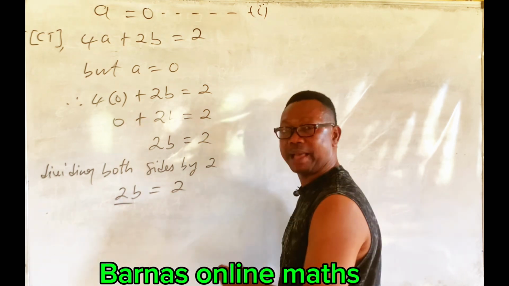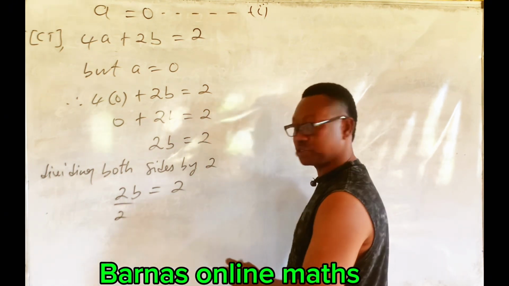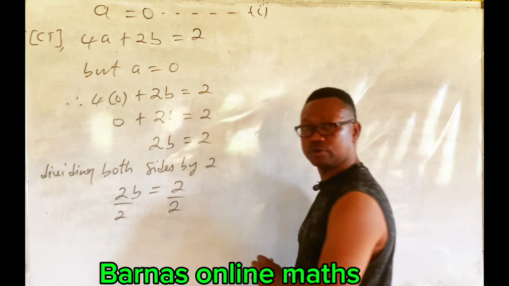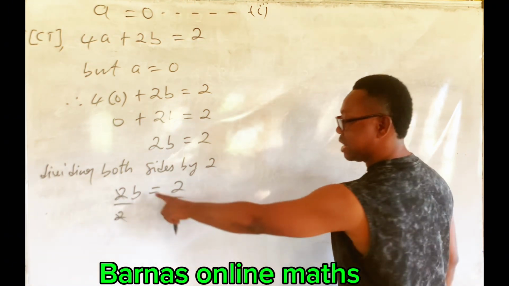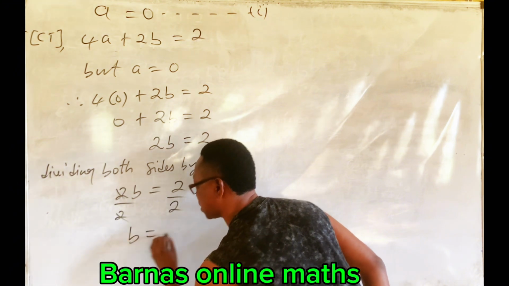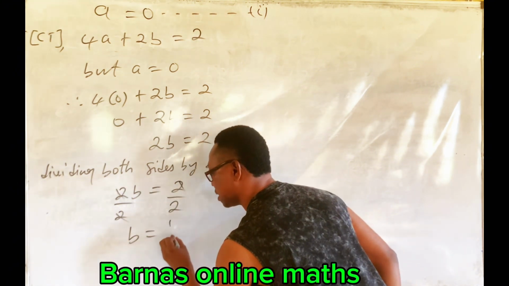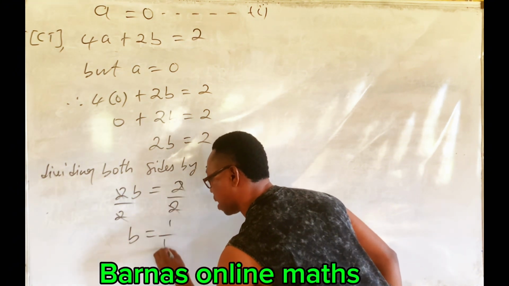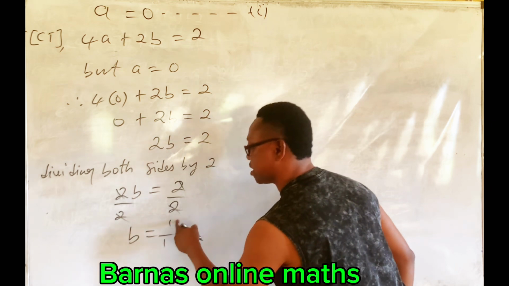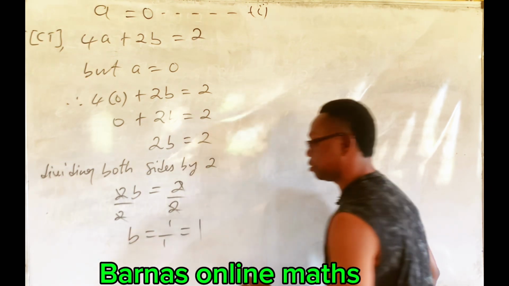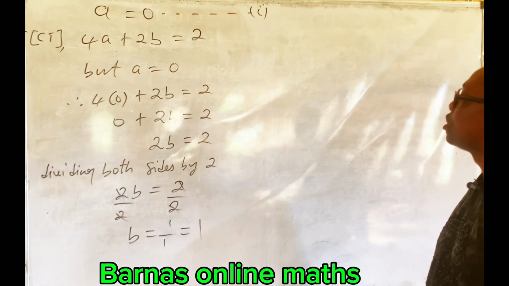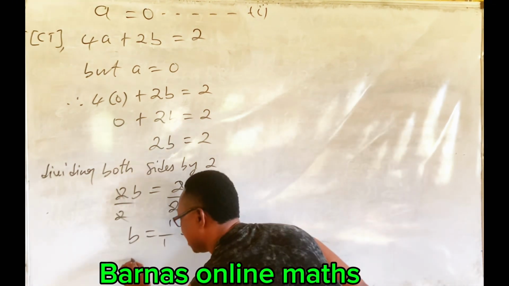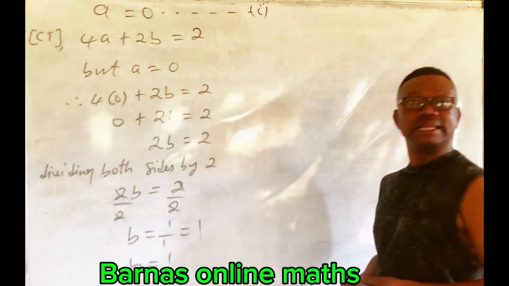Divide the left hand side by 2. Also, divide the right hand side by 2. Such that these two will cancel these two. What left side becomes b, which is equals to 2 here is said to be 1, all upon 2 here is said to be 1. Therefore, 1 divided by 1 is said to be 1. Hence, our b is equals to 1.